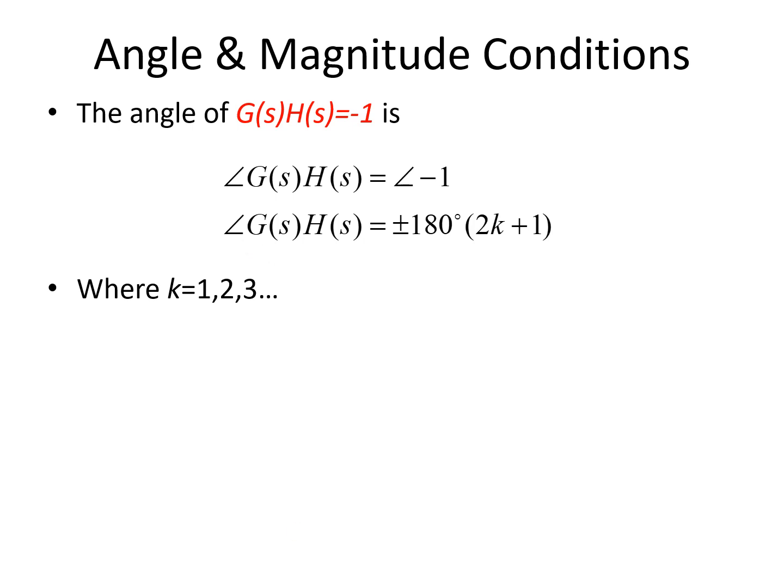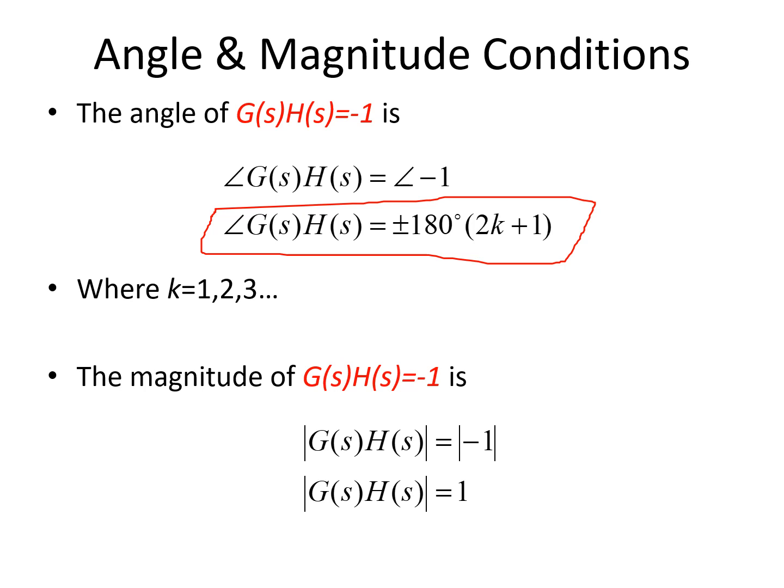This condition is called our angle condition for the root locus diagrams, where k can take the value 1, 2, 3 and so on. And the magnitude condition is taken as the magnitude of G of s into H of s is equal to the magnitude of 1, or the magnitude of G of s into H of s should be equal to 1.